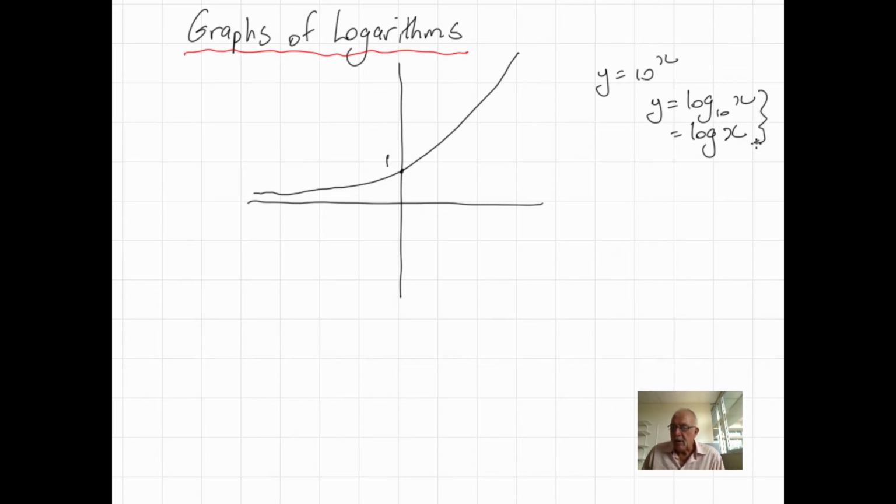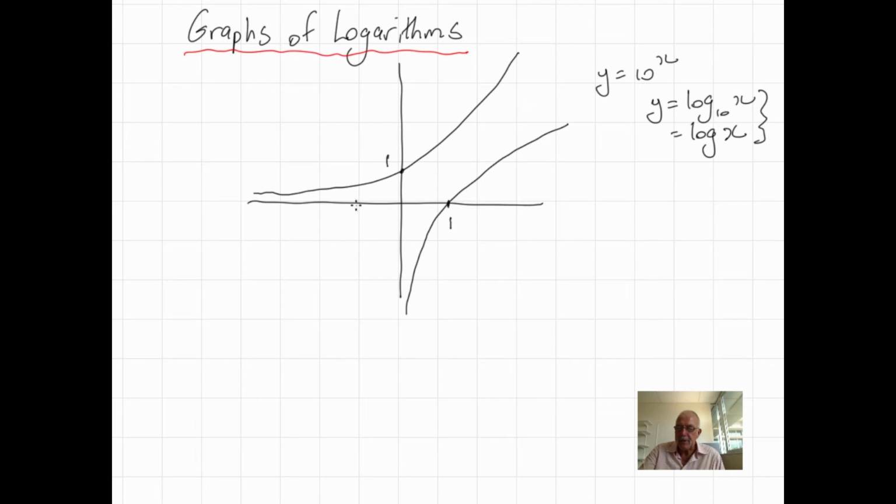Okay, so what's that going to look like? That'll look like this, where it goes through the point 1 there, because the log of 1, so when x is equal to 1, the log of 1, now don't forget the log is an index. What's the index you've got to raise 10 to to get 1?